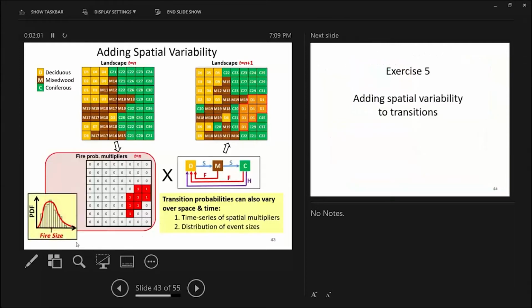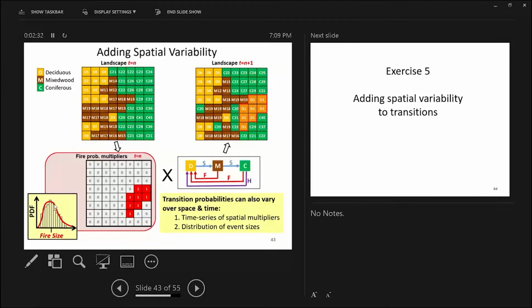And again, when you set up these spatial multipliers, why do I have that in there? You can't do distributions with multipliers, can you, Leonardo? No, but I think what you have there is a fire size distribution, at least that's what it's labeled. Right. So the idea with this slide, I did this a couple of days ago and I forgot why I put it in, is that that's one way you can create pattern on the landscape.